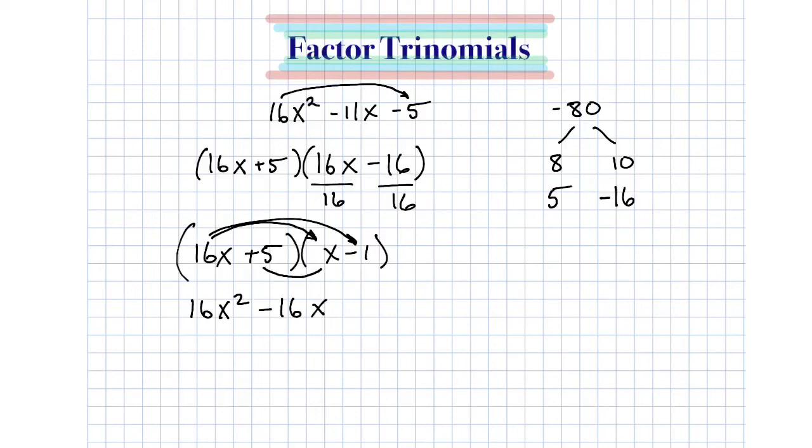Okay, the next number, 5. 5 times x gives us positive 5x, and 5 times negative 1 gives us negative 5. So adding these two terms together and bringing everything down, we get 16x squared minus 11x minus 5. Sure enough, that's the same one we started off with, so we know we factored it correctly.